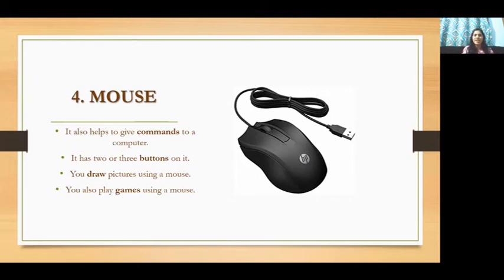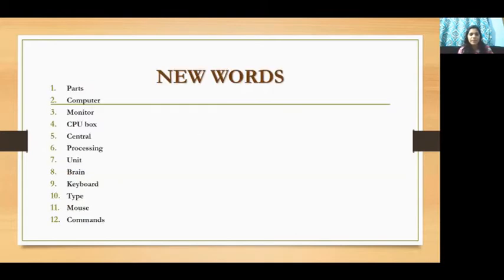Lots of buttons are there and those buttons are called keys. And the mouse has 2 or 3 buttons. But the keyboard is having many keys. So did you understand these 2 parts, keyboard and mouse? Shall we move on to the next slide?